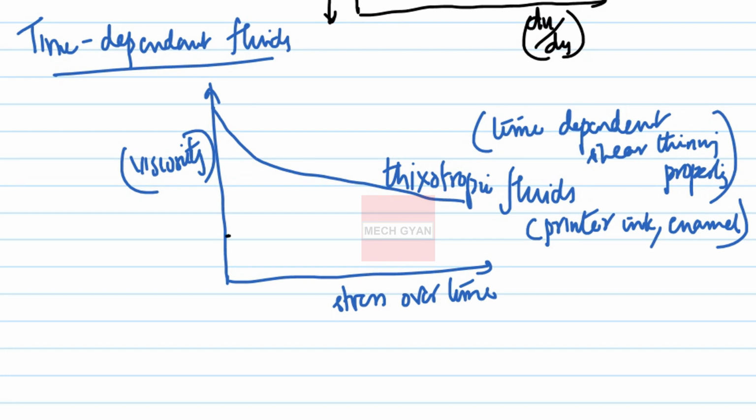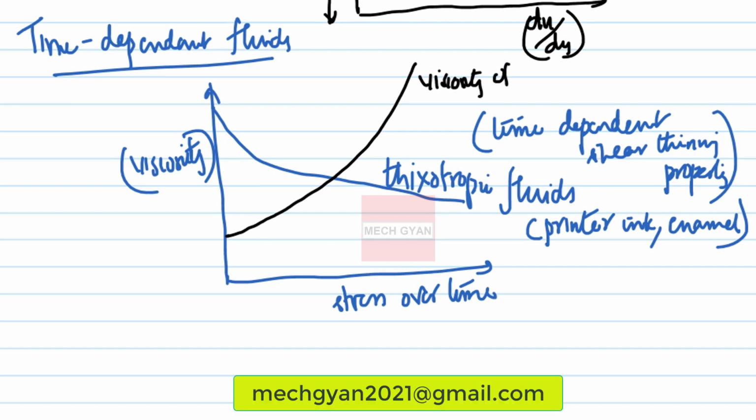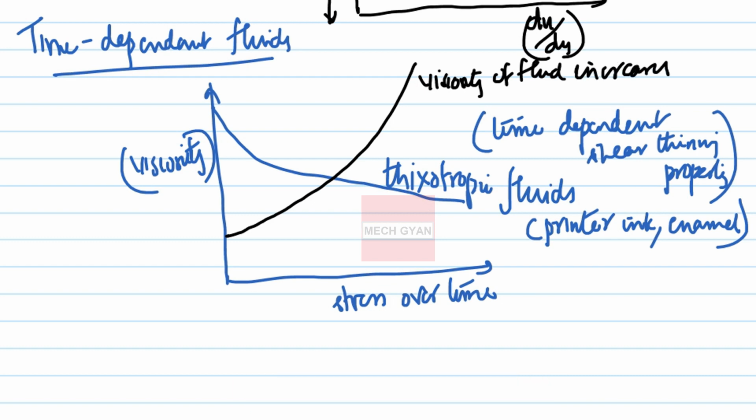But there are certain fluids for which the viscosity increases with stress over time, whereas in thixotropic fluids the viscosity decreases with time. Such fluids are known as rheoplastic fluids.